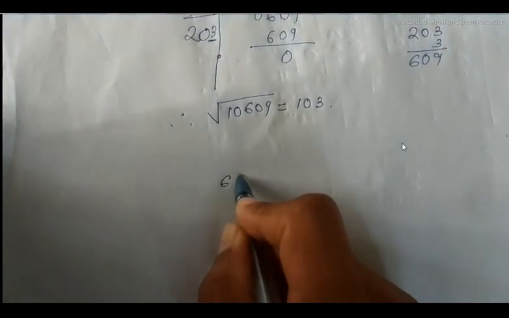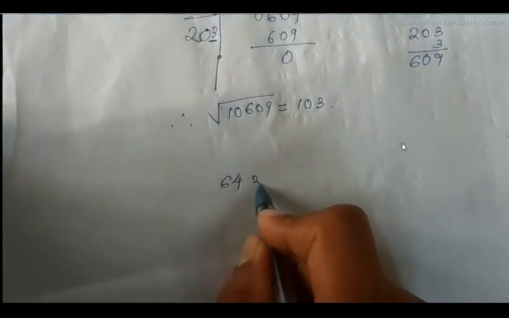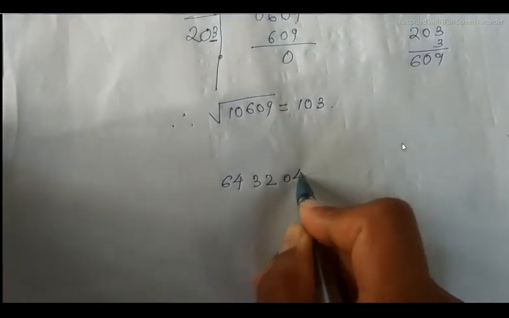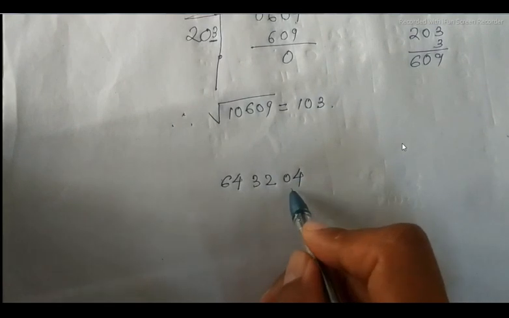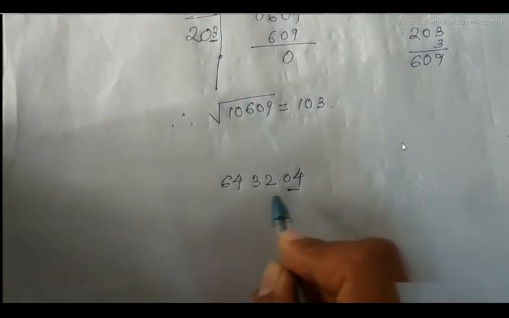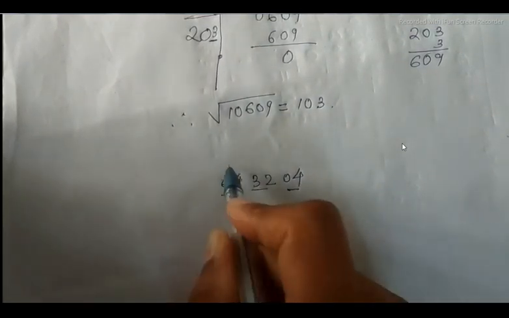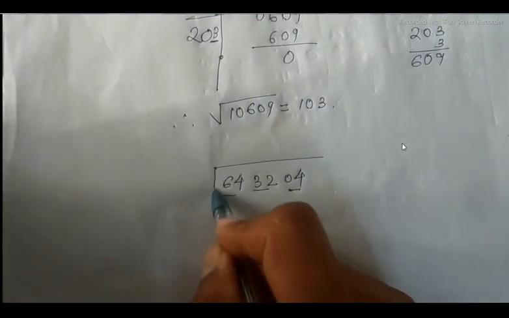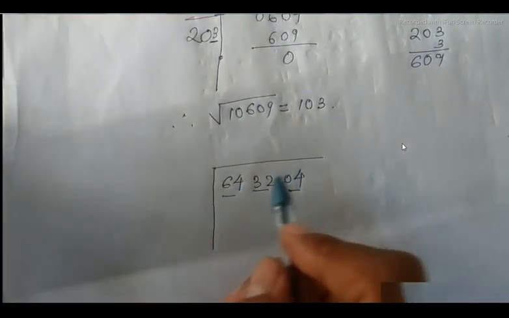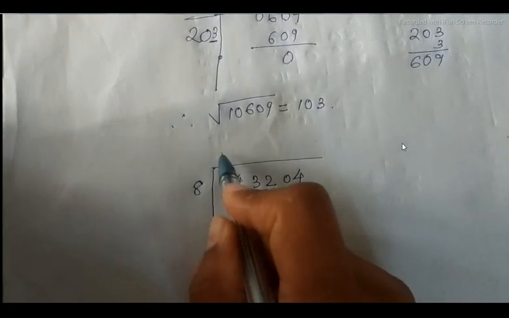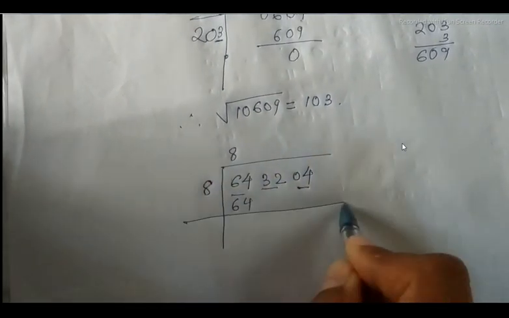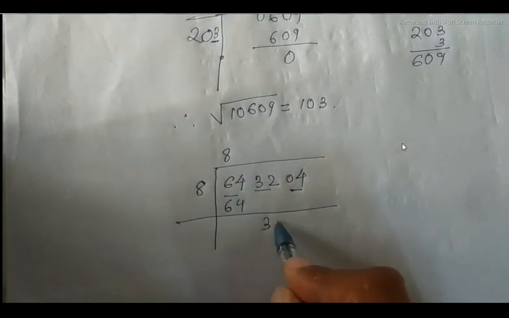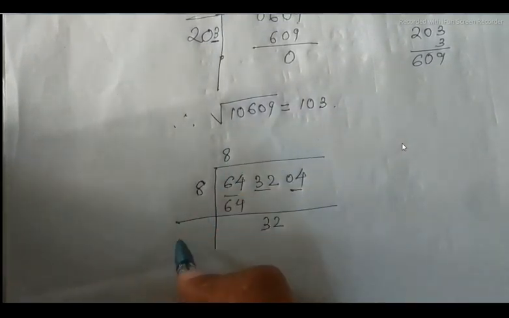643204. We have to find the square root of this number. First I will pair the numbers. 64 is a perfect square. So 8 8s are 64. The next pair will come down, 32, and the double of 8 is 16.